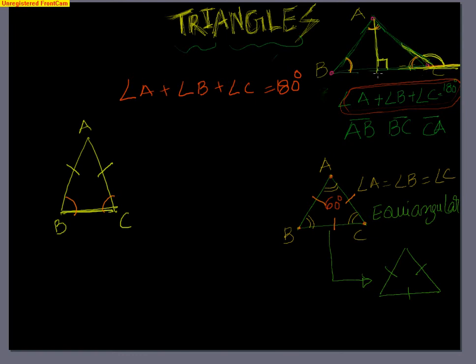That means the extension of BC is making an angle with AC. This is known as exterior angle. And how do we refer to it? Suppose this is D, we refer to it as angle ACD. You remember that, right?